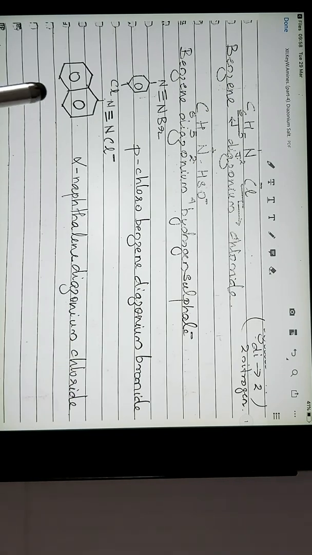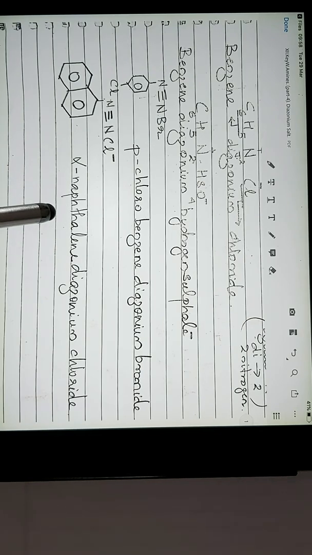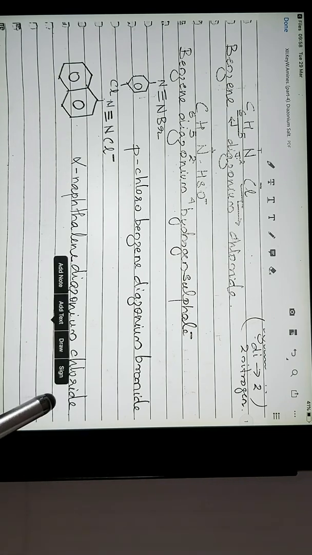Now here, if we go with another compound which comes under this group, you can see two benzene rings are there. Wherever there are two benzene rings, it can be named as naphthalene, right? And here what is that? It is this diazonium chloride, and to that the naphthalene ring is attached. So this is alpha naphthalene diazonium chloride.